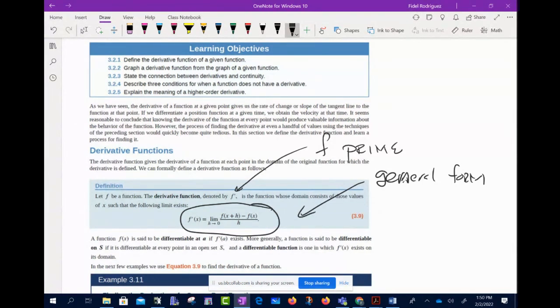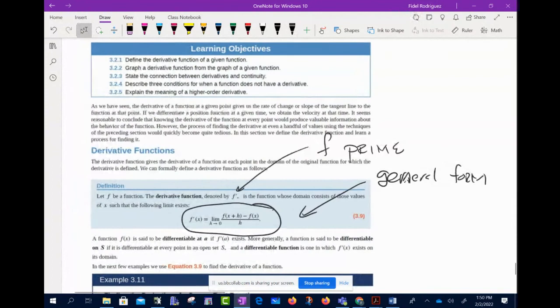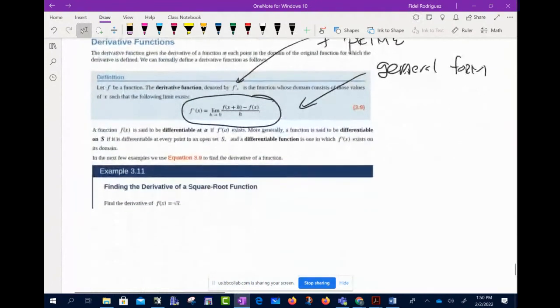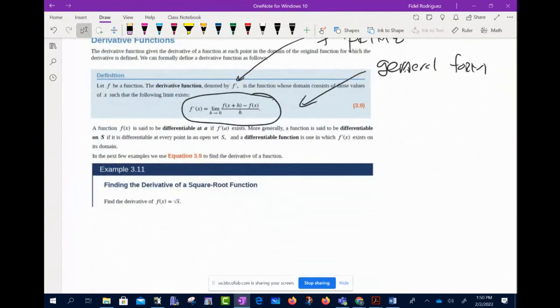And it says a function f of x is said to be differentiable at a if the derivative at that particular value exists. More generally, a function is said to be differentiable on S, my open interval, if it's differentiable at every point on an open set.